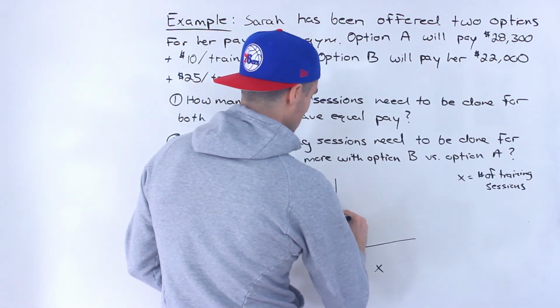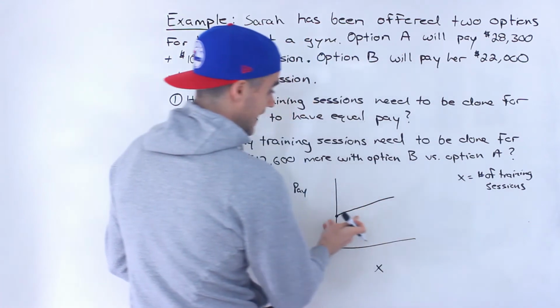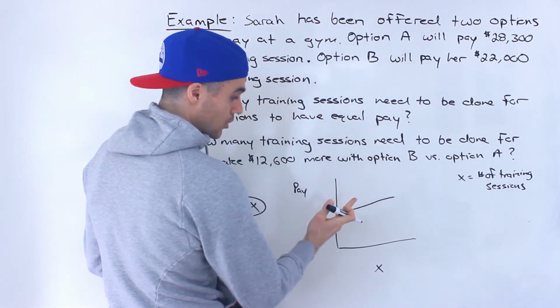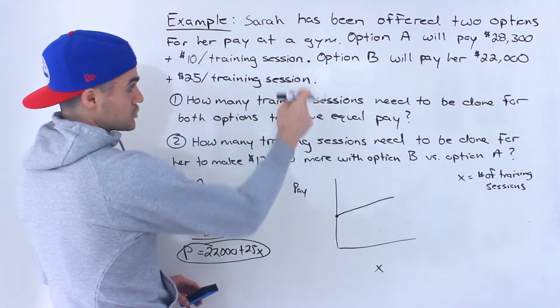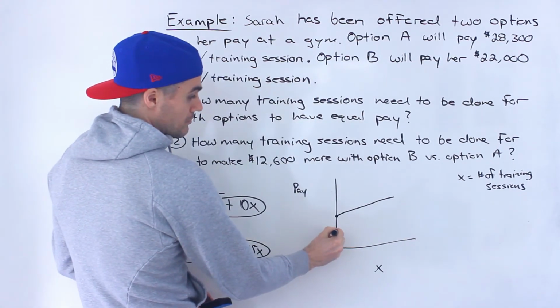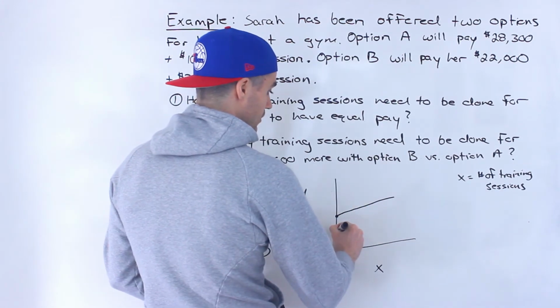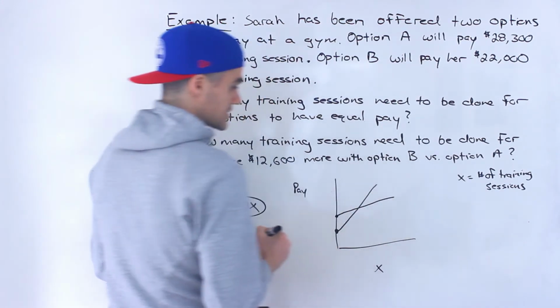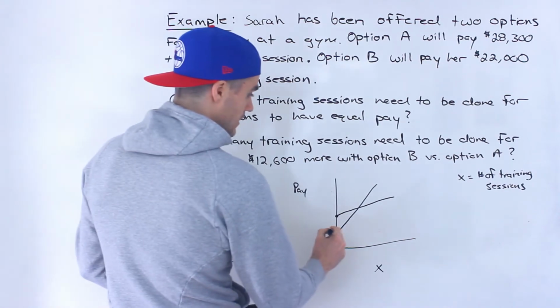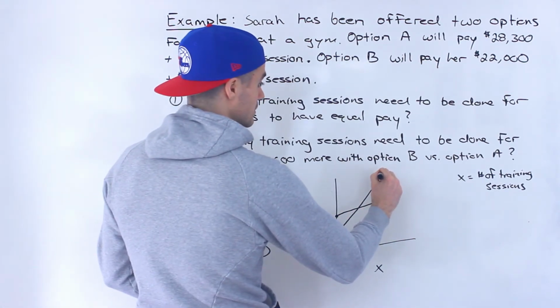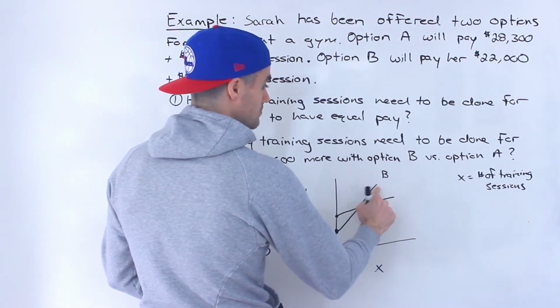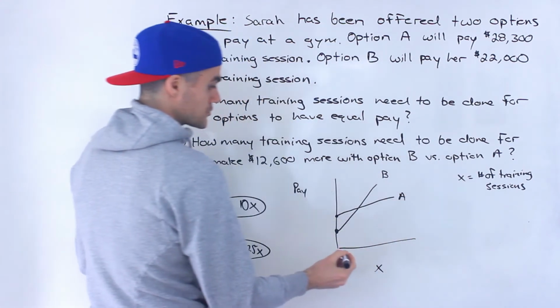This is not to scale, by the way. It's going to look like that, with a less steep slope. And then option B has a lower base pay, and then a steeper slope. So it's going to look something like that. Again, this is not to scale, but just to give you an idea of how this looks graphically. So this would be option B, and this would be option A.